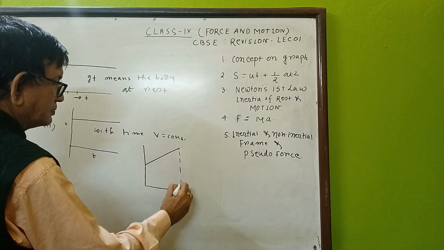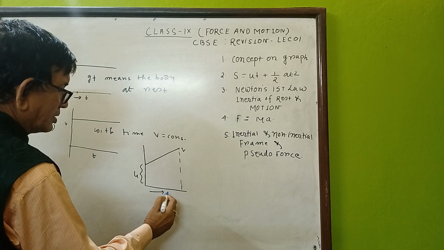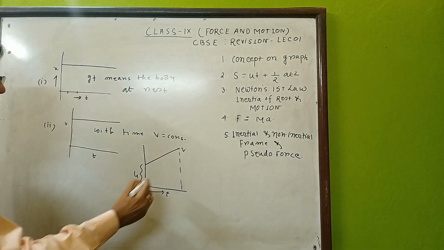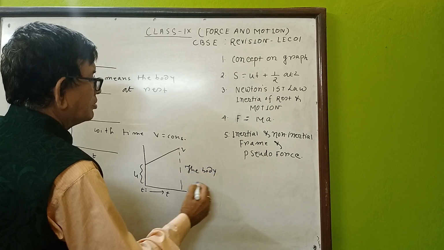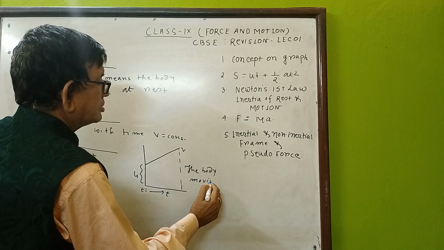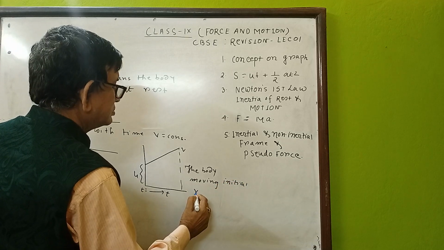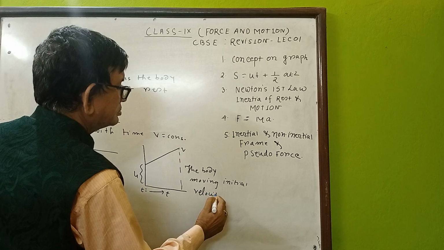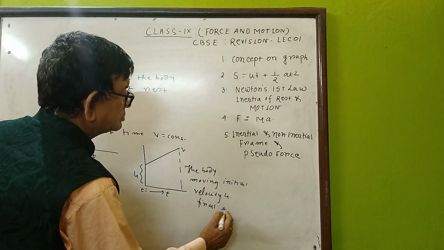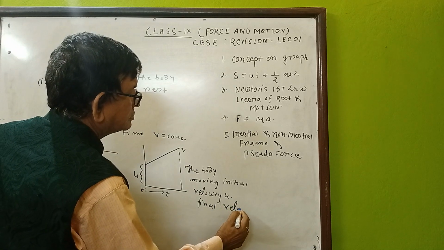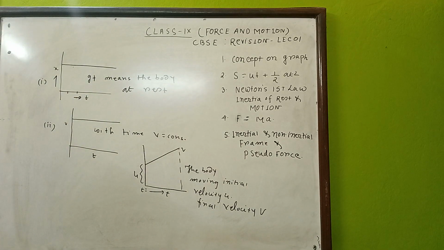This is V, this is U, this is the time. So at t equal to 0, there is initial velocity, the body is moving with initial velocity U, final velocity V. So this is another graph.